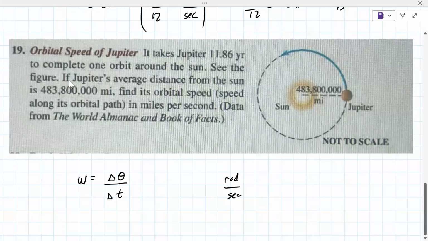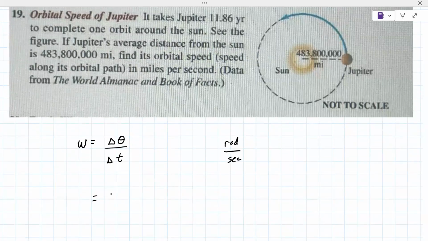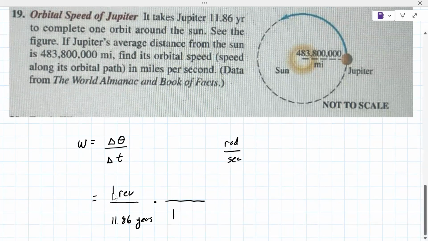So the time, you know that it goes one revolution, that's this right here, in some amount of time. So it's one revolution in 11.86 years. And how do we know that this one is angular velocity?